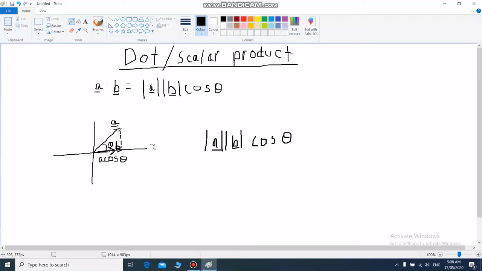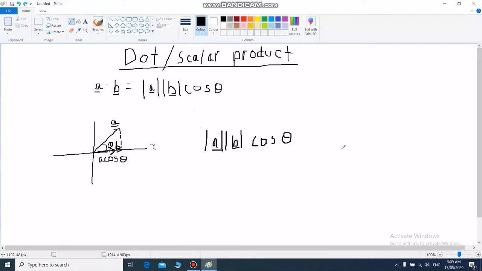We're just projecting it onto that vector, and then we're multiplying it by the size of that vector. A cos theta is the projection of A onto B, and then we're multiplying it by the length of B.